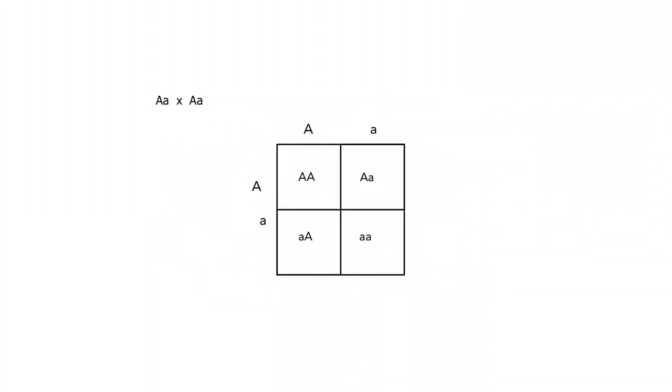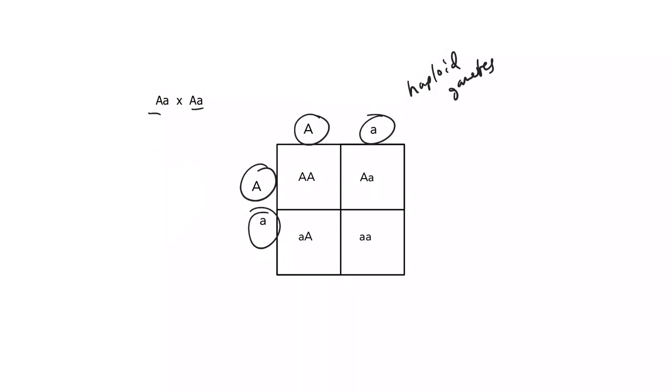To illustrate that, let's think about a cross between two heterozygotes, so a simple monohybrid cross. When we do a Punnett square, a lot of times what students don't realize is that these up here and these down here represent the haploid gametes from these two individuals. For example, these are the possible gametes from this individual, and these are the possible gametes from that individual.